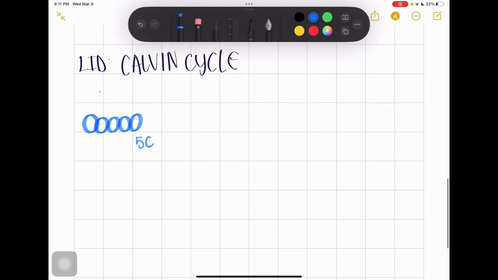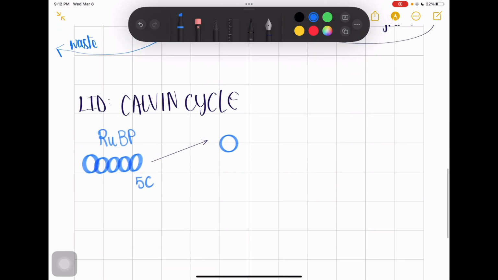Okay, so what we're going to do in the Calvin cycle is we're going to add this, and it's called RuBP. I believe that stands for something like ribulose bisphosphate. And we're going to add it to a carbon. And this carbon comes from CO2.